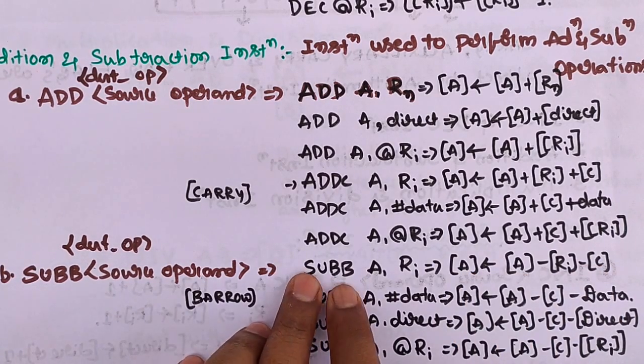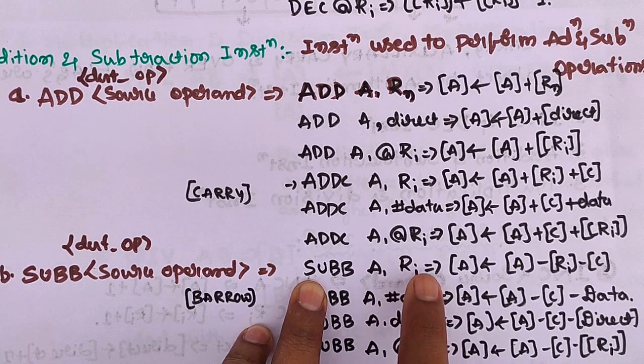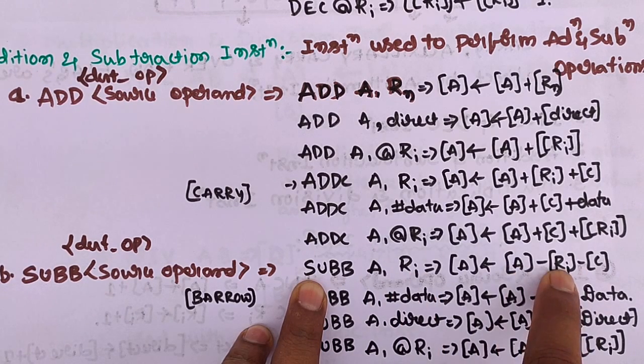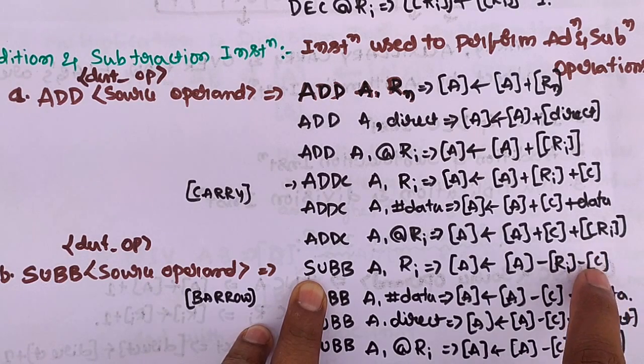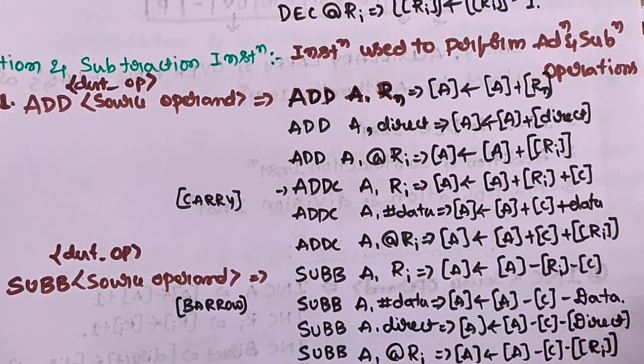Therefore, subtraction with borrow of the contents of registers A and Ri means we subtract these two, and if any borrow is there, we subtract that also. If the borrow is 0, keep it as it is, nothing will happen. And it is applicable to all types of addressing modes specified here.